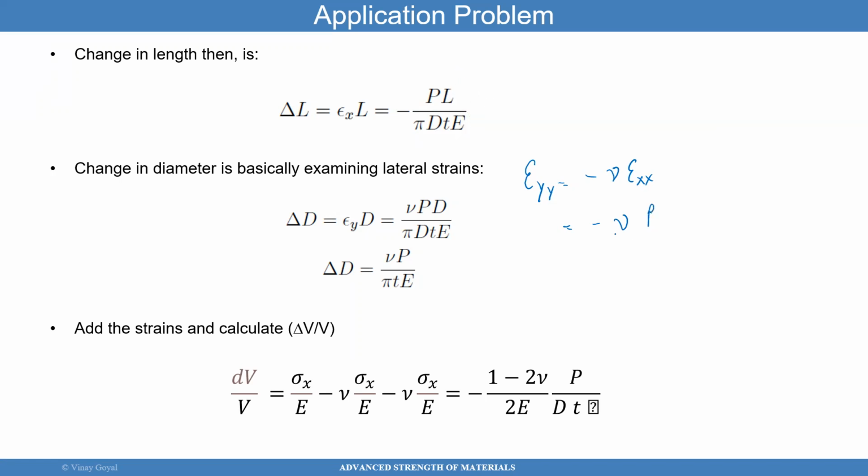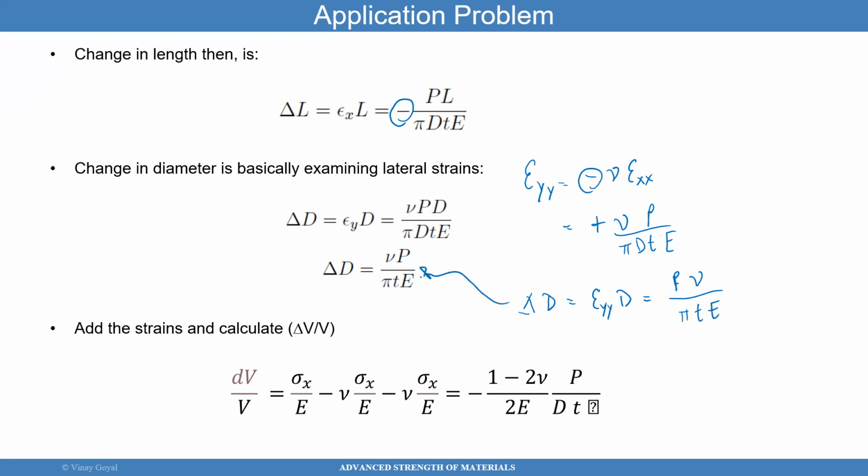So that's P over pi d t E. So what is the change in diameter? It's going to be epsilon yy times the diameter, and because there's a minus there and a minus here, that becomes a plus. And so this multiplication gives me P times nu over pi t E, which is what you see there.